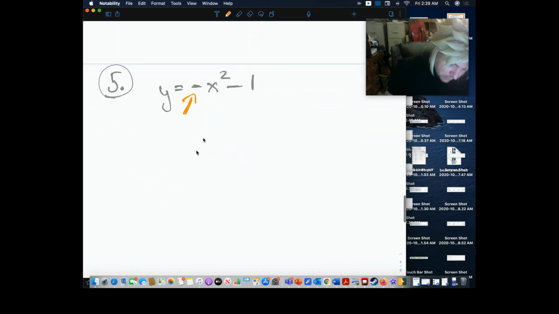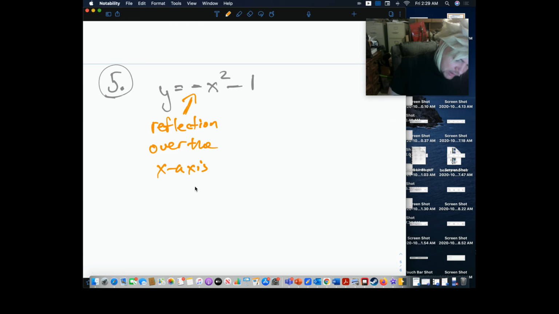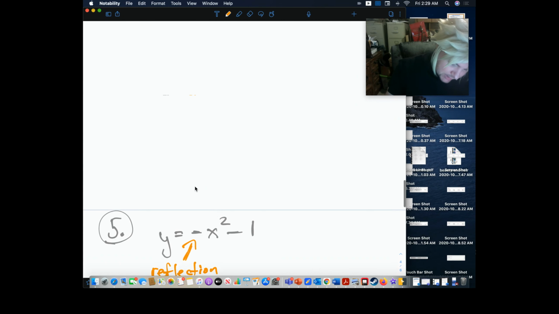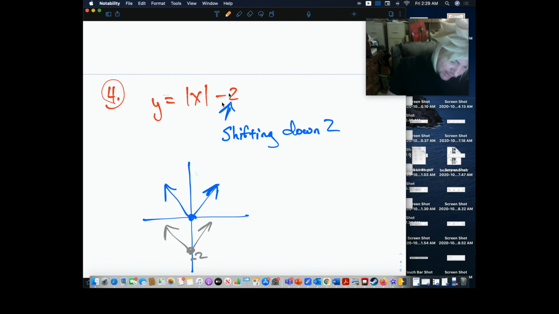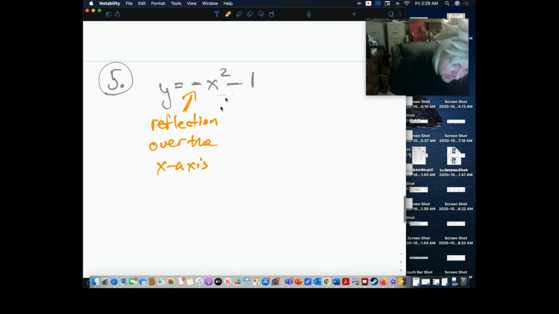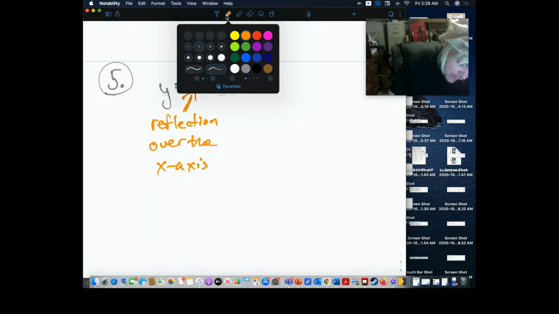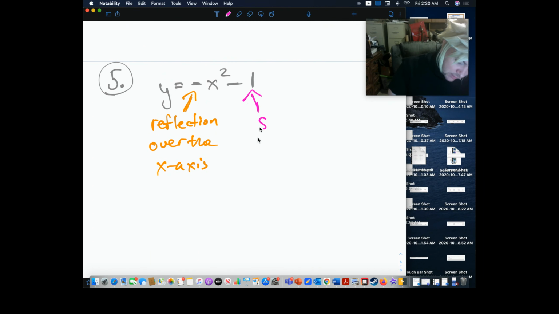So here, we're going to say reflection over the x-axis. And the minus 1, let's see, do we have anything talking? Well, look at that. It's on the outside. So what's going to happen here? The same thing as before. We're going to shift down 1. All right, so time for some victory music.